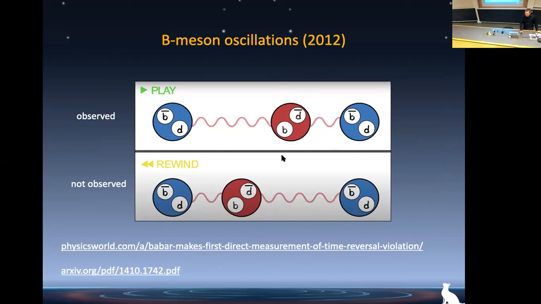And they violate time reversal symmetry. You can create this state. It takes a relatively long time to get to this red state, but then a short time to get back to blue. If you rewind, you would see the opposite. It takes a short time from blue to red, and then a long time from red to blue.